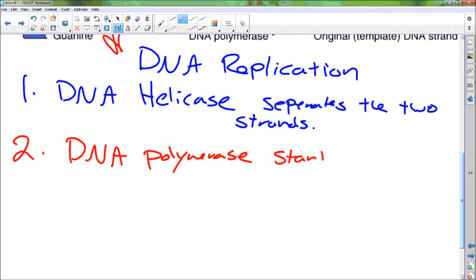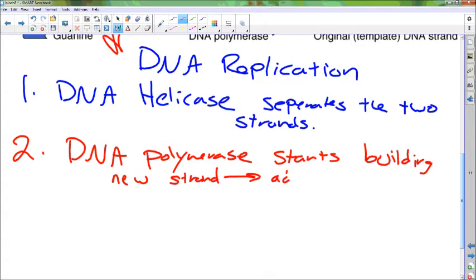So it starts building a new strand. It does that by adding nucleotides.